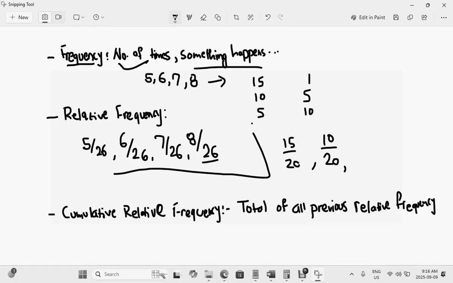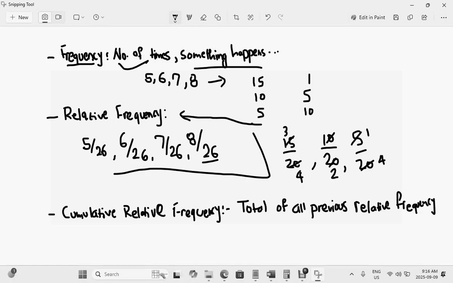Here you have 5 divided by 20. So this would be 3/4 or 75%, this would be 1/2 or 50%, and this would be 1/4 or 25%. So this has to do with relative frequency.